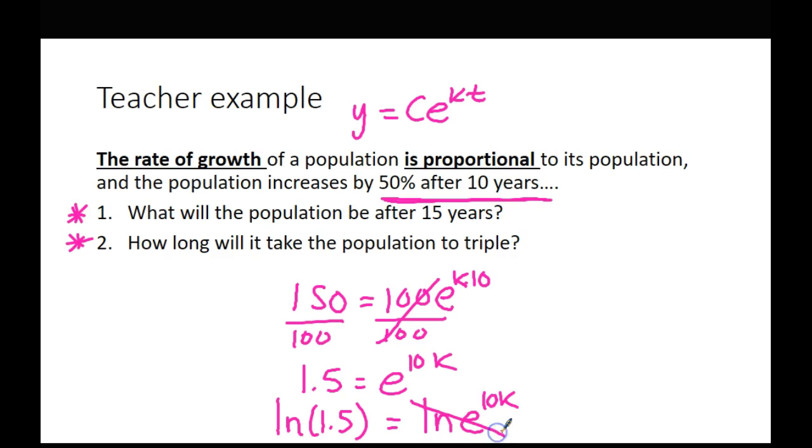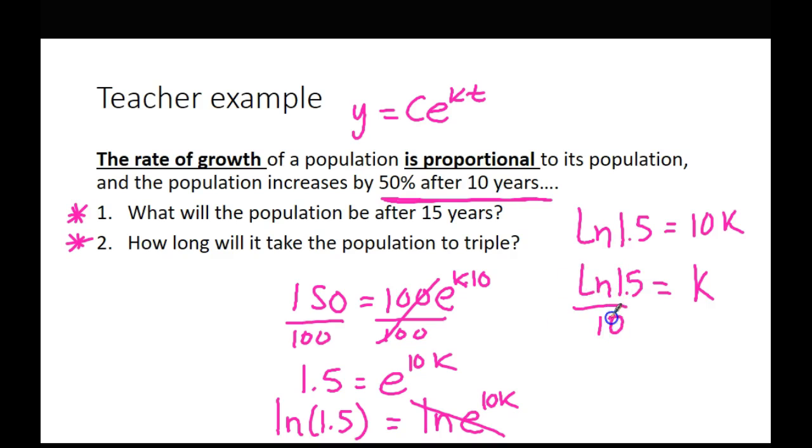Those are going to go away. And so we're left with ln of 1.5 is equal to 10k. Divide both sides by 10, and you get your final amount for k, which is 0.041. If I'm not right, let me know. I'm just remembering it from last block.